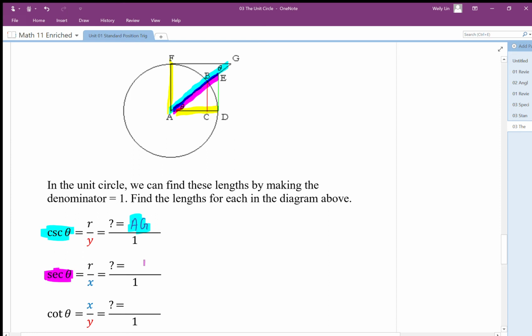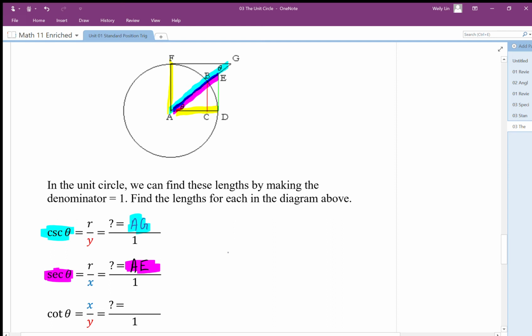That's the purple line, from A to E. That line represents my secant length. As I talked about before, now you can see that I have this right triangle made with the green line, which is tan.